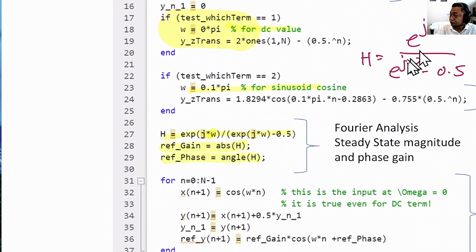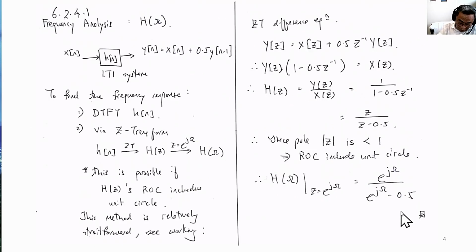This equation came from page number 4, where we plug in the Z transform and set z equals to e^(j omega) to get this equation here. And this is our frequency response, H of omega. So now we know that if we want to evaluate for different frequencies, all we need to do is to write the correct omega. So in our example, omega equals to 0 or 0.1 pi.